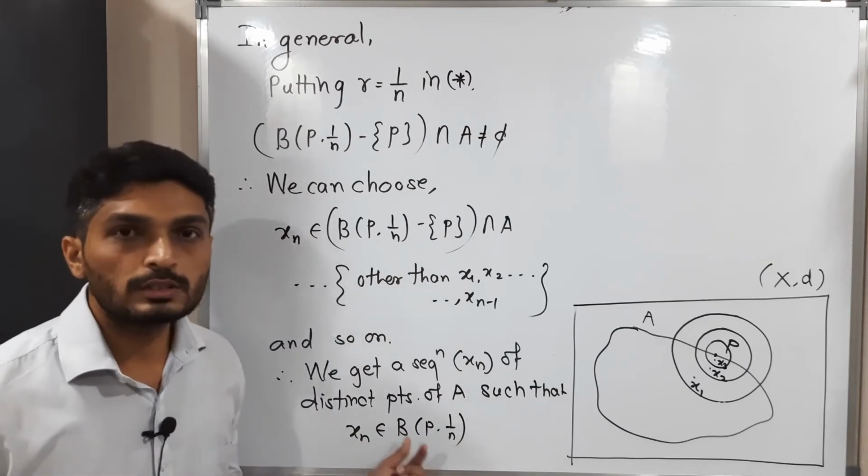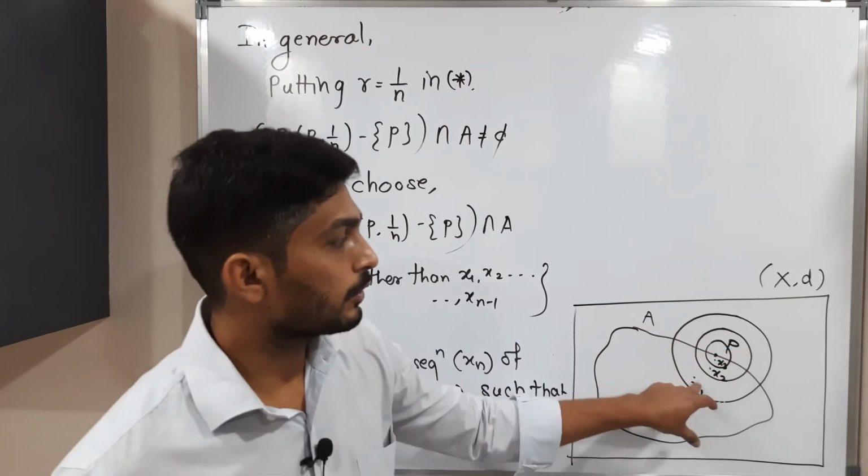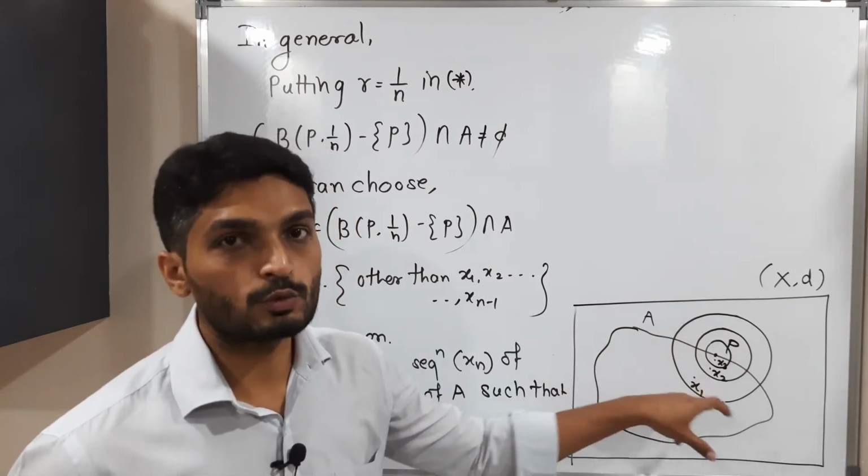So xn belongs to this open ball. The point x1 lies in the first open ball, x2 lies in the second open ball.